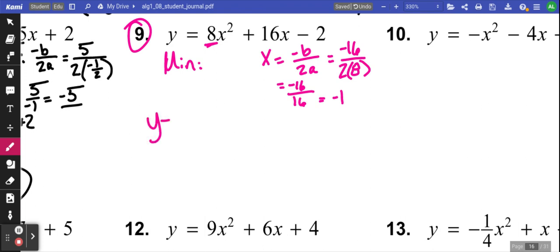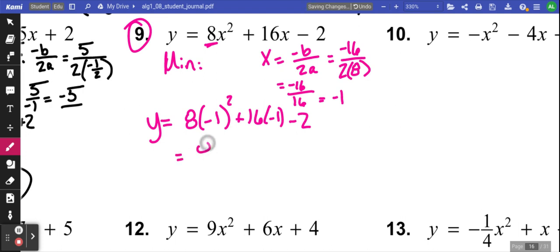I want to find my y value, so I'm going to plug in that negative 1. 8 times negative 1 squared plus 16 times negative 1 minus 2. Negative 1 squared is positive 1, times 8 is 8. 16 times negative 1, I get negative 16, minus 2. 8 minus 16, I get negative 8, minus another 2, negative 10. So my minimum value is negative 10.